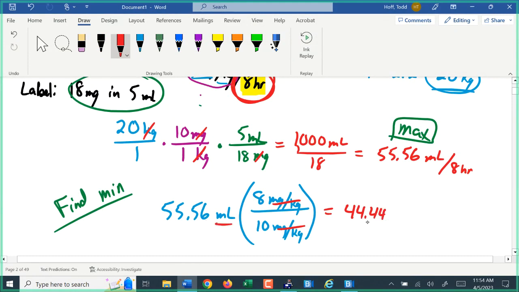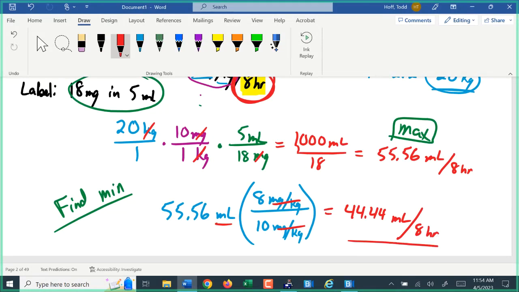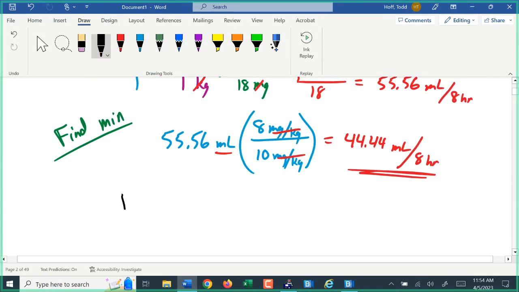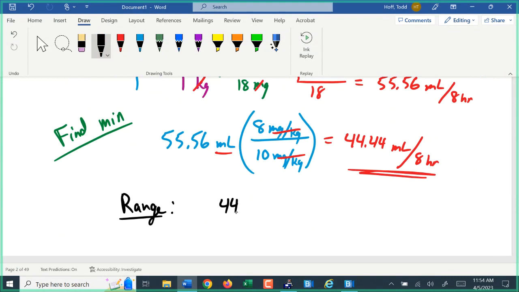That unit is still milliliters, and I'll put the time frame back on there, per 8 hours. So our recommended range for this medication for this patient is anywhere between 44.44 milliliters every 8 hours to 55.56 milliliters every 8 hours.